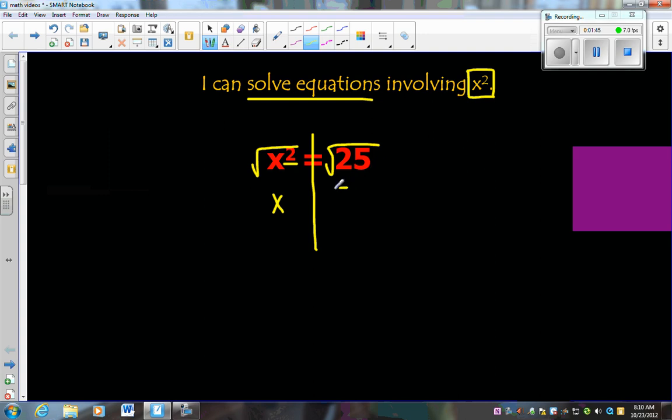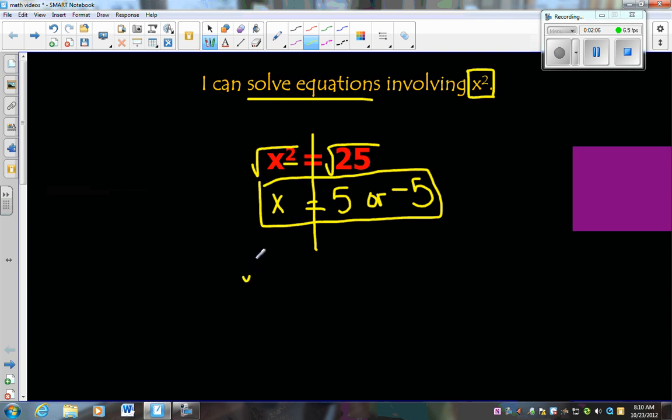Now, here's the thing. I know that 5 times 5 gives me 25, but I also know that there's another number that gives me 25 when I multiply by itself, and that is -5. So my solutions to my equation, I think, are 5 or -5. And now, because I'm such an extraordinary mathematician, I'm going to make sure I check my answer by filling 5 in for my x.